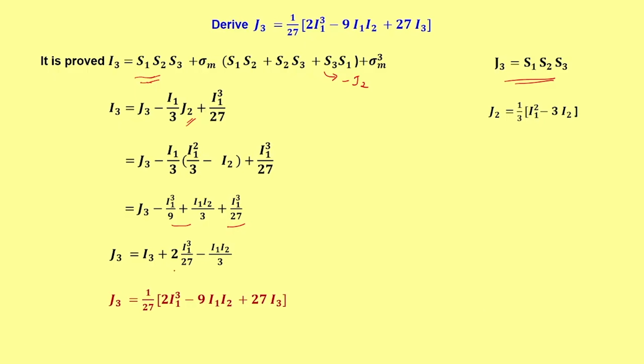So, if you take 1 by 27 outside, we can write 2 I1 cube minus 9 I1 I2 plus 27 I3. So, that is the required expression. So, what we have done is we have discussed the relationship between different invariants, both for stress invariants and for deviatoric stress invariants. Okay? That is all.